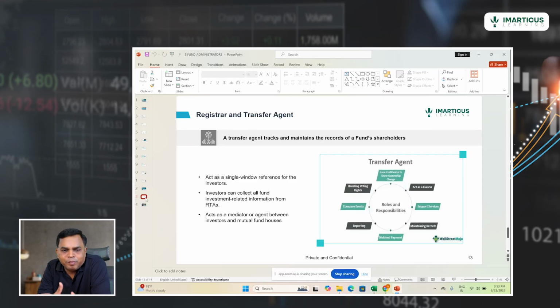So one of the jobs of the fund administration is to work very closely with the transfer agent and ensure that the subscription, redemption, and distribution tasks do not get affected. So these are some of the tasks performed by the fund administration.